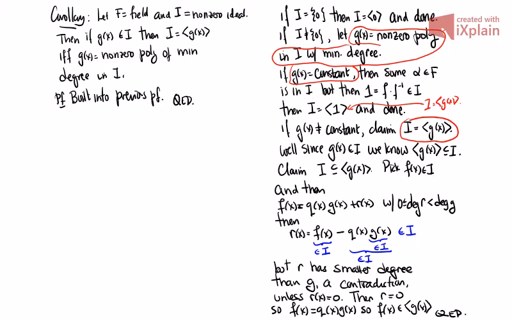So just as a closing note, if you don't start with a field, this may not be the case. In other words, if R is not a field, then R[x] may not be a PID. May not be a PID.